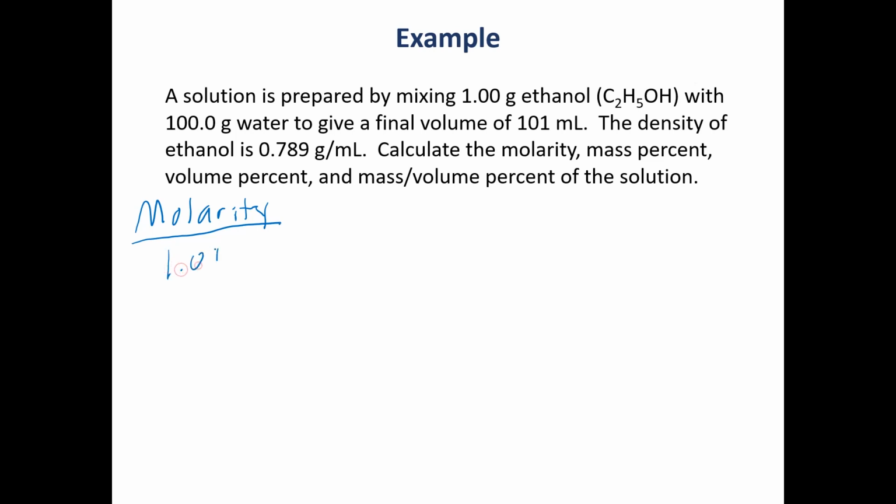So if we have 1 gram of ethanol to start with, if you calculate the molar mass of ethanol, 2 carbons actually is a total of 6 hydrogens, not 5, because there's one over here, so 6 hydrogens and 1 oxygen. That comes out to 46.08 grams of ethanol.